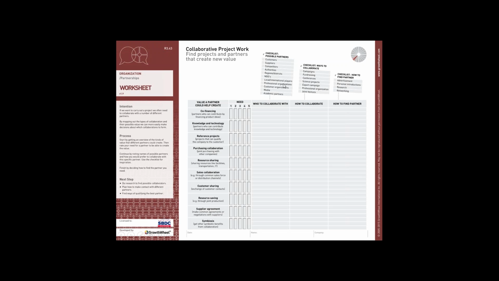Again, you're given a laundry list here to think about, and ways you want to collaborate, and how to find them. Personally, I don't think I'd find them through advertising, except that you might see their advertisement and think, that's a partner I might want to pursue. I wouldn't advertise for one at the early stages of business, but perhaps that would be reasonable.